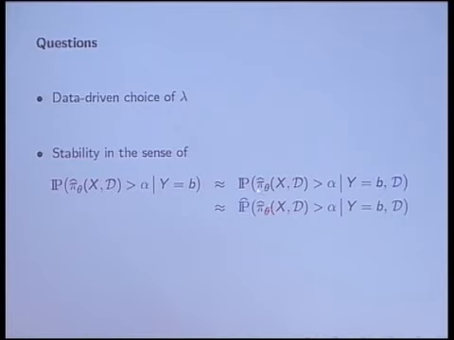So that means the risk conditional on your training data, the probability that your p-value is greater than alpha given the training data and given the class of the new observation, is approximately equal to this unconditional probability here, where the randomness in the training data has been averaged out. And in addition, if you use some cross-validation scheme to estimate this, it was consistent. So in the classical setting, we know that these three probabilities are all asymptotically the same.